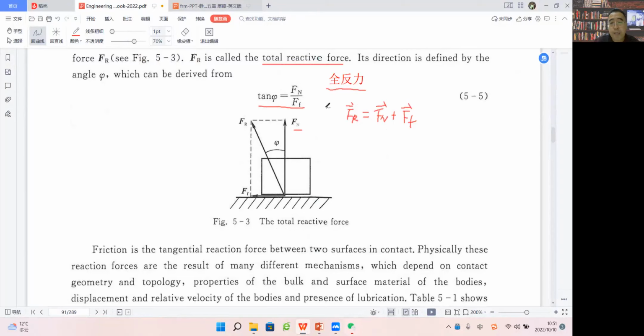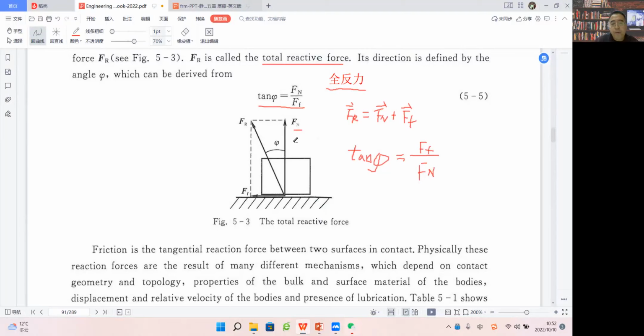It should be FF, so maybe I write it here. So this is an error of this textbook. Please, you guys should correct it. So tangent phi should equal FF over Fn.